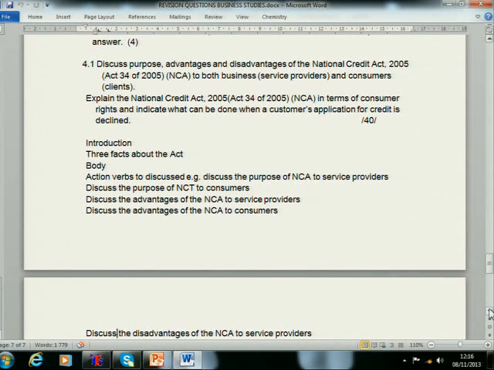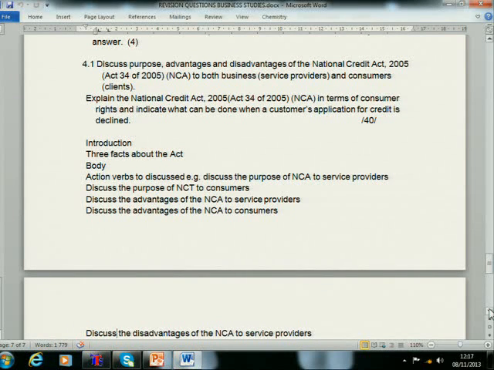The body, and in the body, what is it that you'll be doing? You'll be writing full sentences in paragraphs, and what will be guiding you as to the information that you need to write about? The action verbs. One of them, to discuss the purpose in the question there.